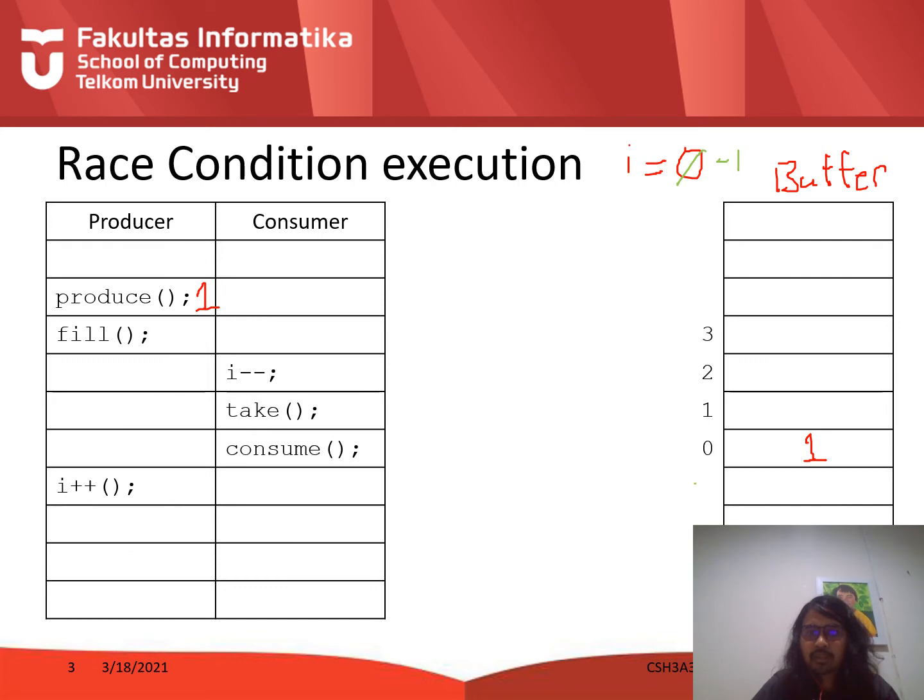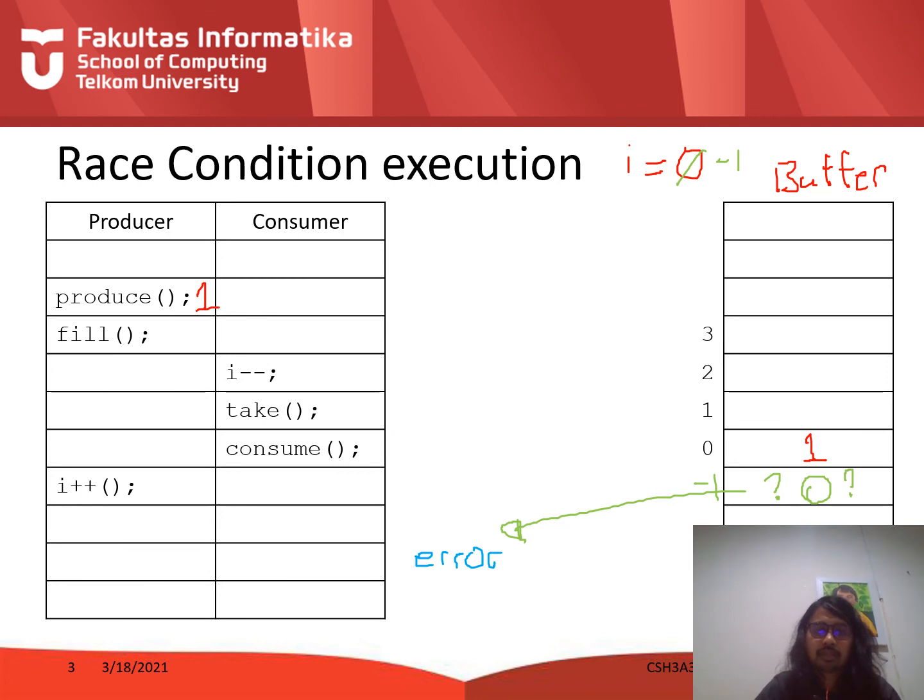Then it takes a number, but there is nothing there, and this member is not an address that belongs to the buffer. So what happens here? We know that when we access an unallowed address, an error will happen. So that is what happens in a race condition.